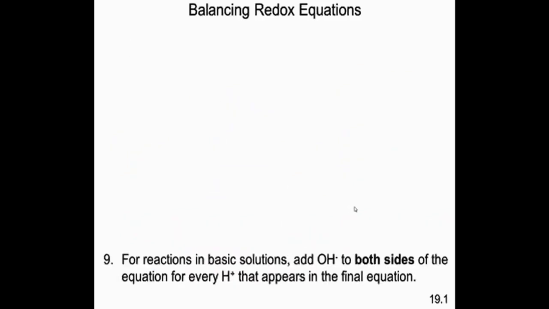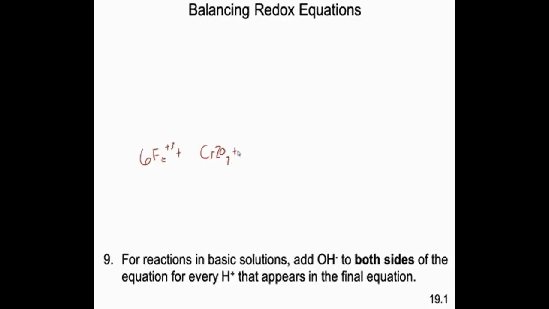The very last thing is if our reactions are in basic solutions. What we're going to do is the exact same thing we just did. Alright, so if I can remember this, I think we ended up having 6 Fe3+ plus, what do we have?